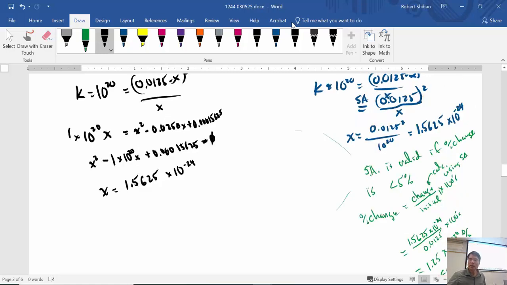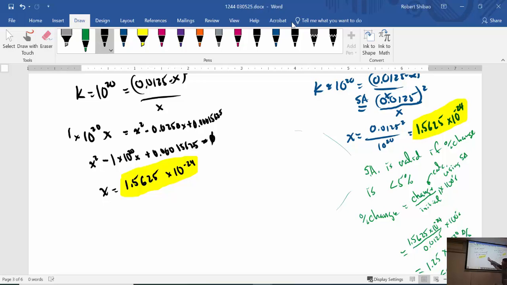Okay. Now let's compare. We got this without making any assumptions; we just went ahead and solved the quadratic equation. We got this answer using the simplifying assumption. So by using the simplifying assumption, we got 1.5625 times 10 to the minus 24.